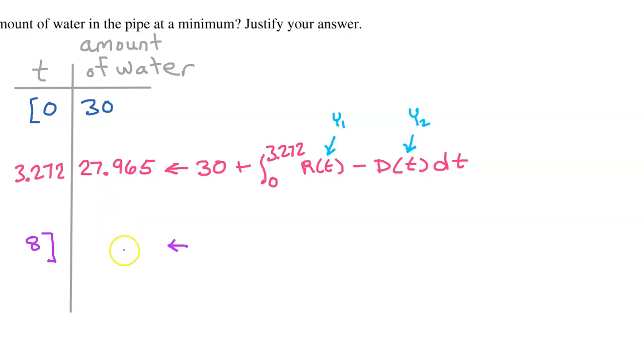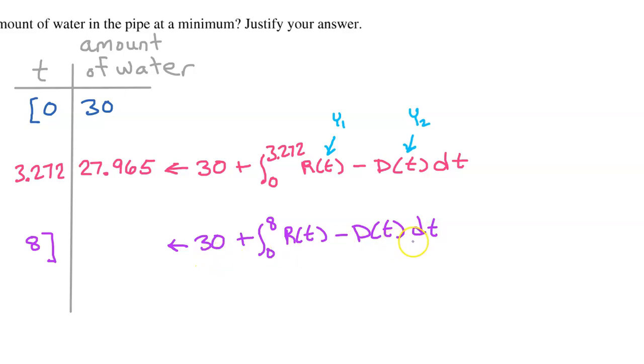In a similar way, we can find the amount of water in the pipe at time t equals 8. Again, it's going to be the initial amount of 30 cubic feet plus the change in amount from 0 to 8, which is going to be the integral of the rate in minus the rate out.